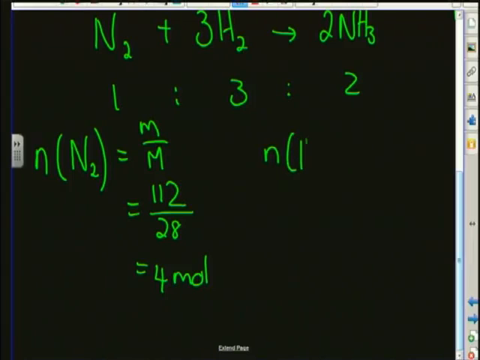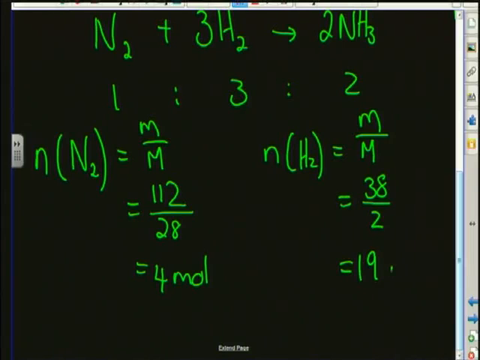Number of moles of hydrogen, okay, and it was 38 grams. Mass of hydrogen gas, which is 2 times 1 is 2. That gives me 19 moles. Okay. Can you see that even though the hydrogen was so much smaller in mass, there's actually 19 moles. That's a large amount more.